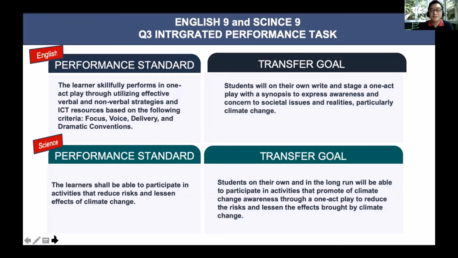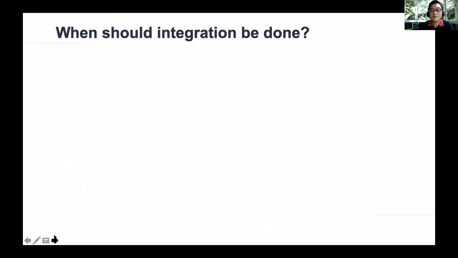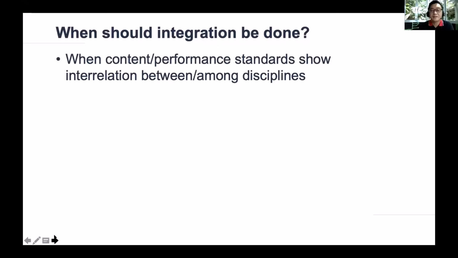But the question now is, when should integration be done, by the way? So in simple terms, integration can be done when content or performance standards show interrelation between or among disciplines, just like Science and English quarter 3.